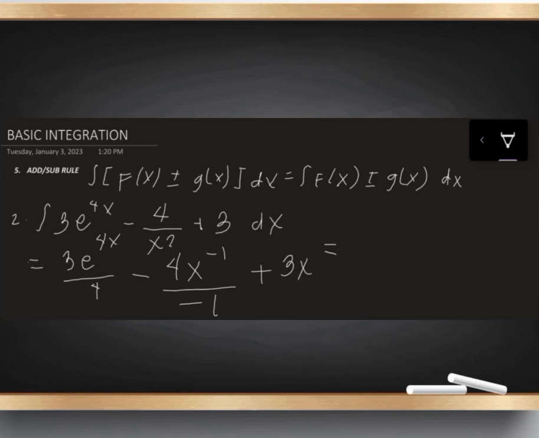So simplify, so this will give us 3e raised to 4x over 4, so negative and negative, so plus 4, so we have a negative exponent, so we'll bring down x, 4 over x plus 3x plus c. So this is our final answer.